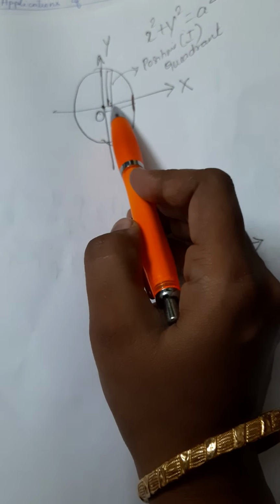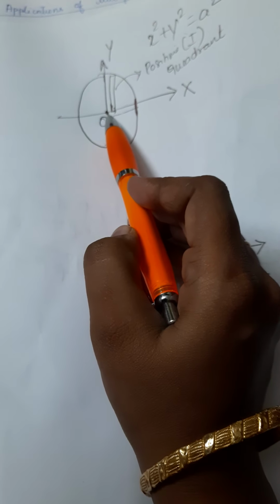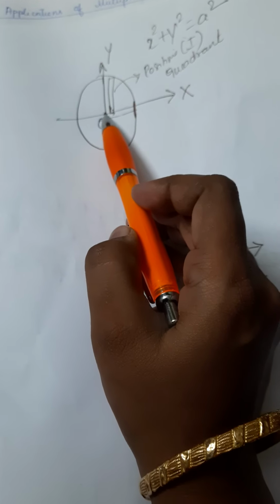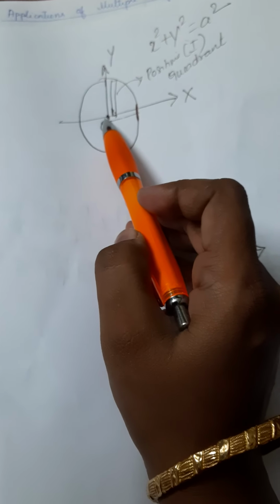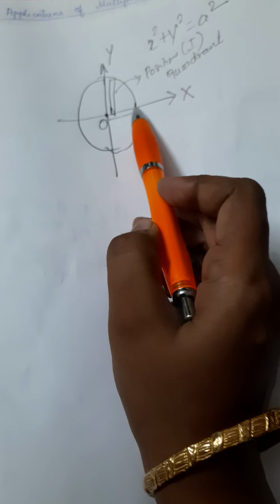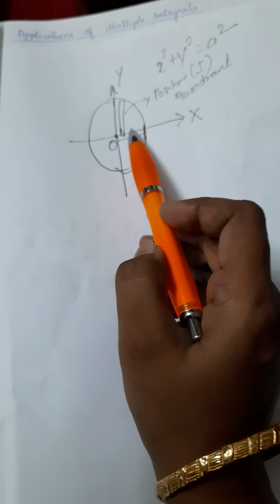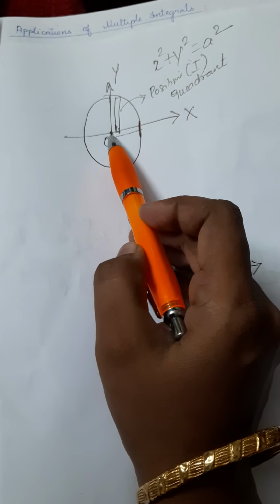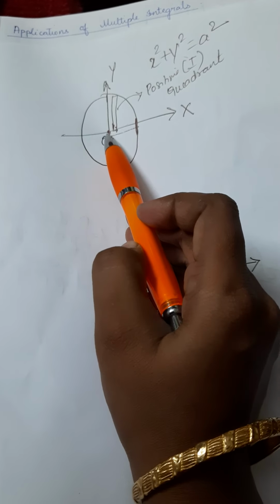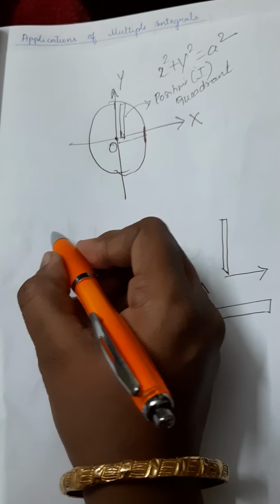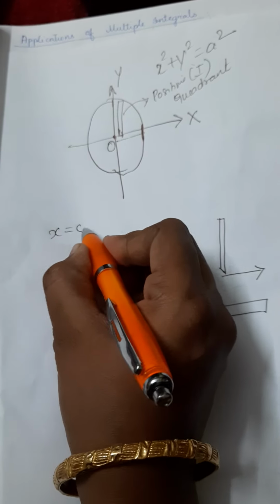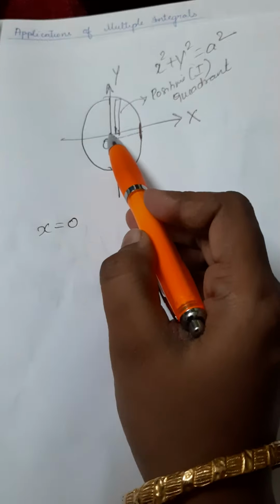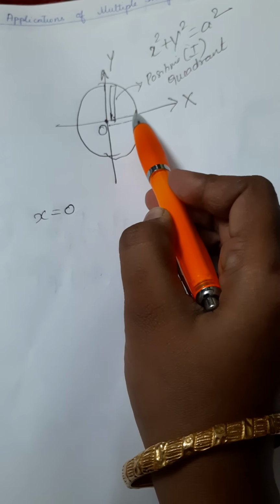So when the strip is at the origin, we find as the strip moves horizontally, it moves along the x-axis. Therefore, it is going to give the value of x. When the strip is at the initial point, the value of x is equal to 0. Then the strip moves to the end.